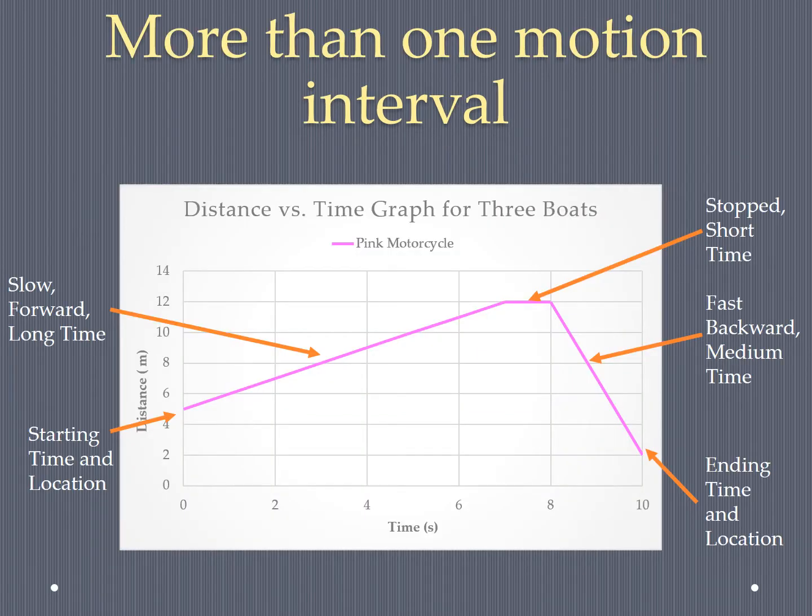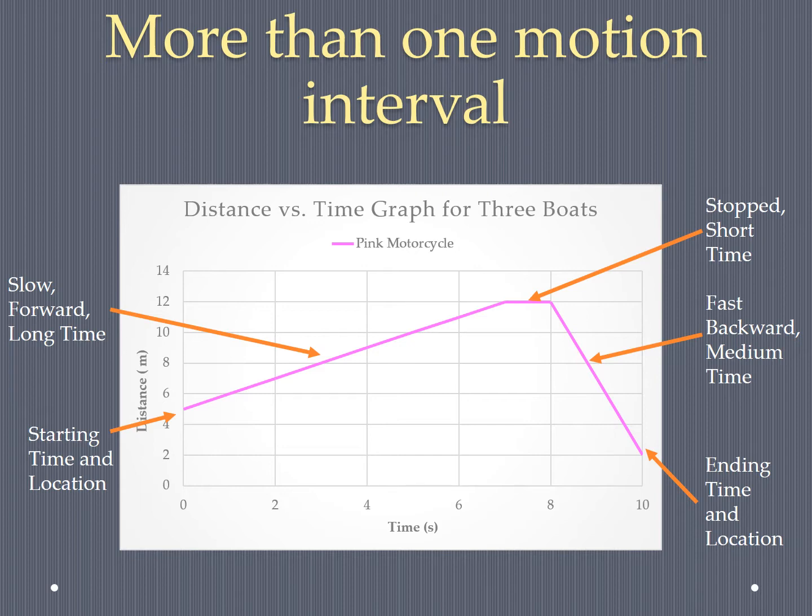So let's use what we've just learned about distance-time graphs and what the trend line means to interpret the motion of this graph of a pink motorcycle. If we look at where the pink trend line starts at the left side of the graph, at time 0, you'll see that it intersects the y-axis right at a position of 5 meters.